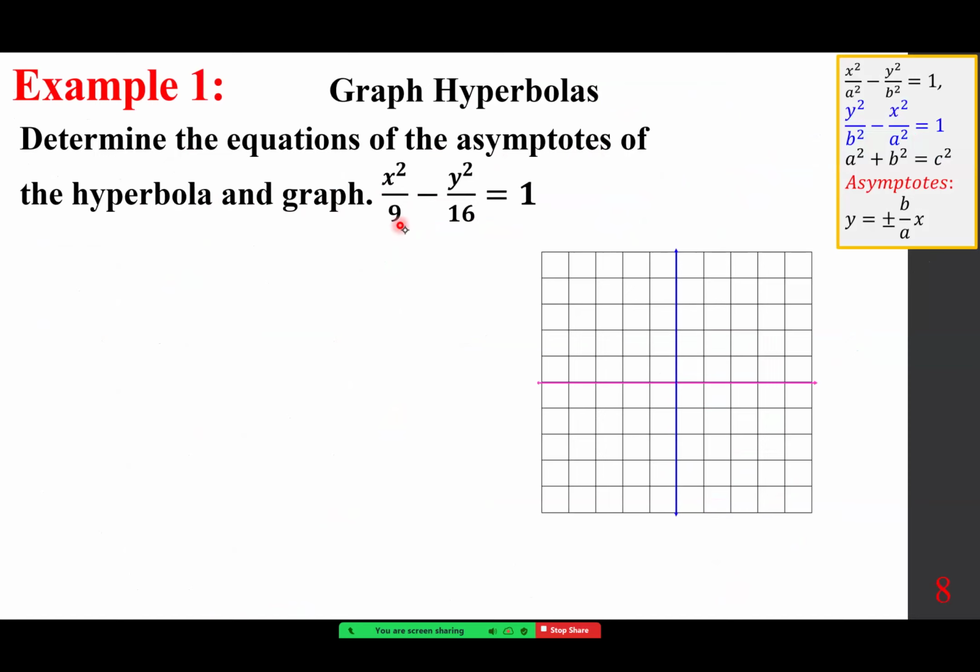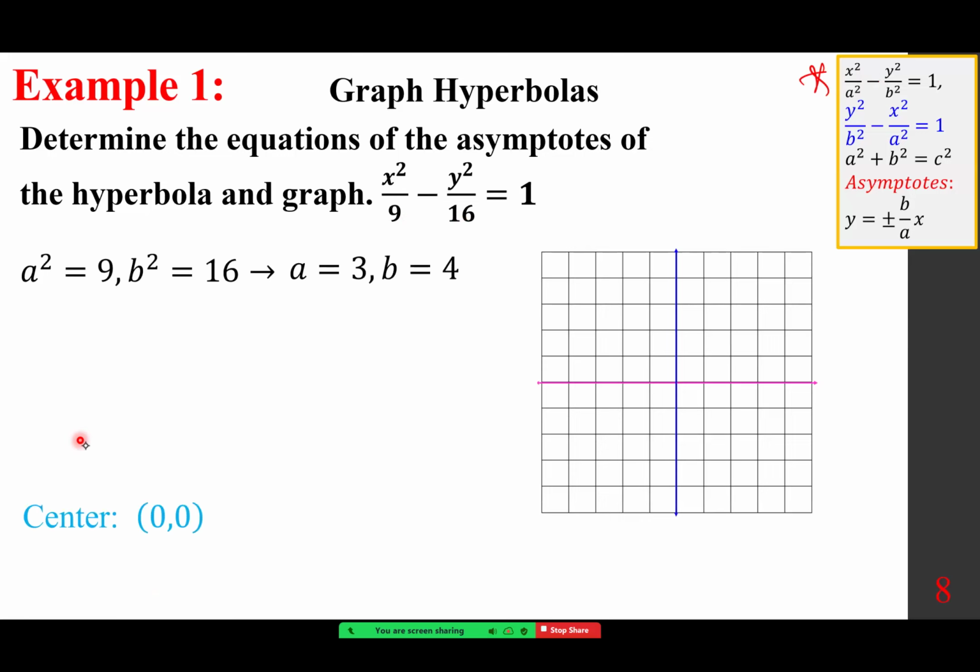So first, let's analyze the graph as we look at this and we compare it to the first one. We notice a squared is 9, b squared is 16, which makes a is 3, b equals 4. So analyzing and comparing it to this one, it is centered at 0, 0.